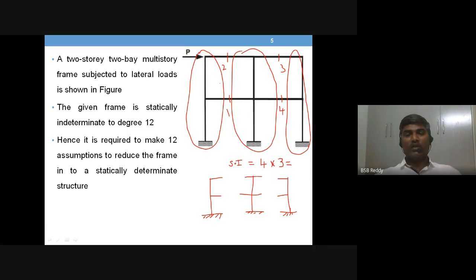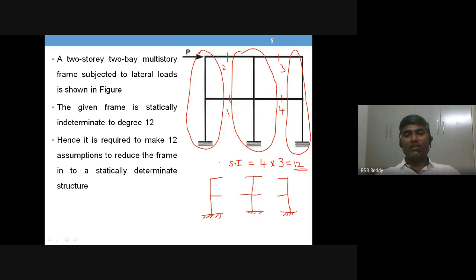Because this is a 2-dimensional structure, the maximum possible forces that you can apply are horizontal, vertical, and rotation. So horizontal reaction, vertical reaction, and rotational reaction, nothing but bending moment. So the total internal forces are 12.